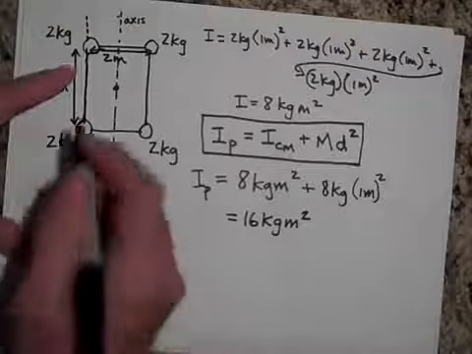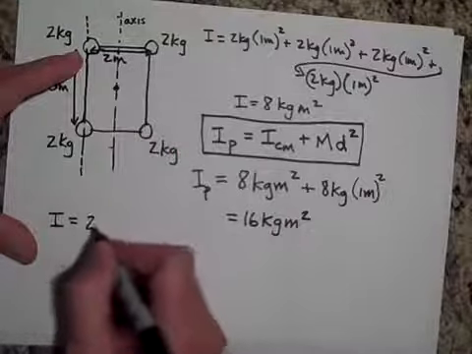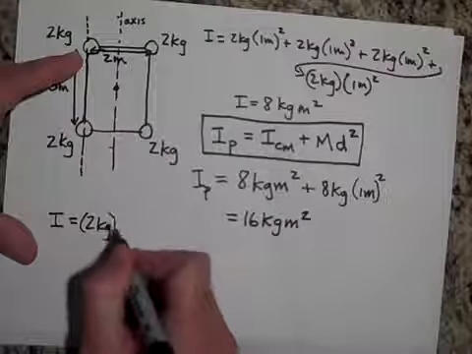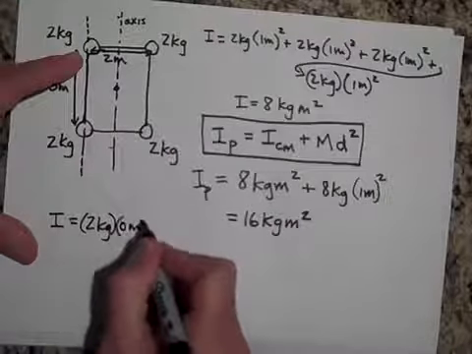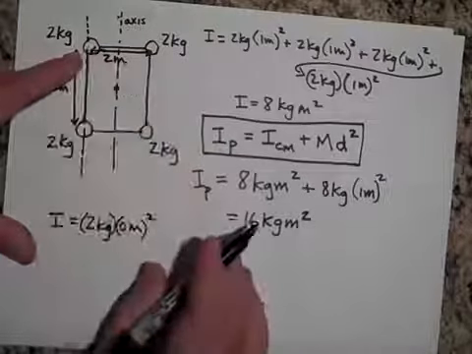If I would have used just the regular formula for this, it would be 2 kilograms times 0 meters squared, because isn't that just right on the axis?